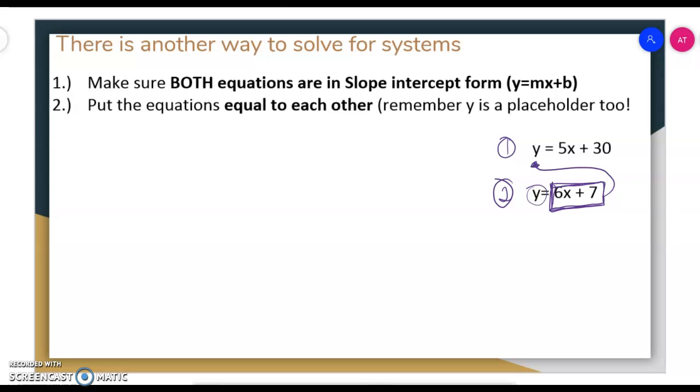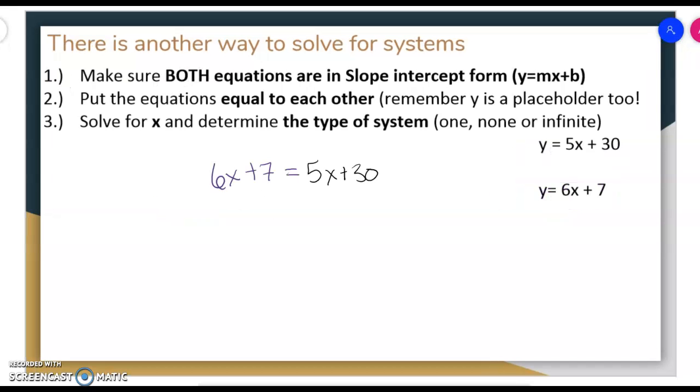Remember, y is just a placeholder. So now I have 6x plus 7 equals my original 5x plus 30. Now it actually looks like what we've been talking about the last few days. So the third step, let's see what it is.